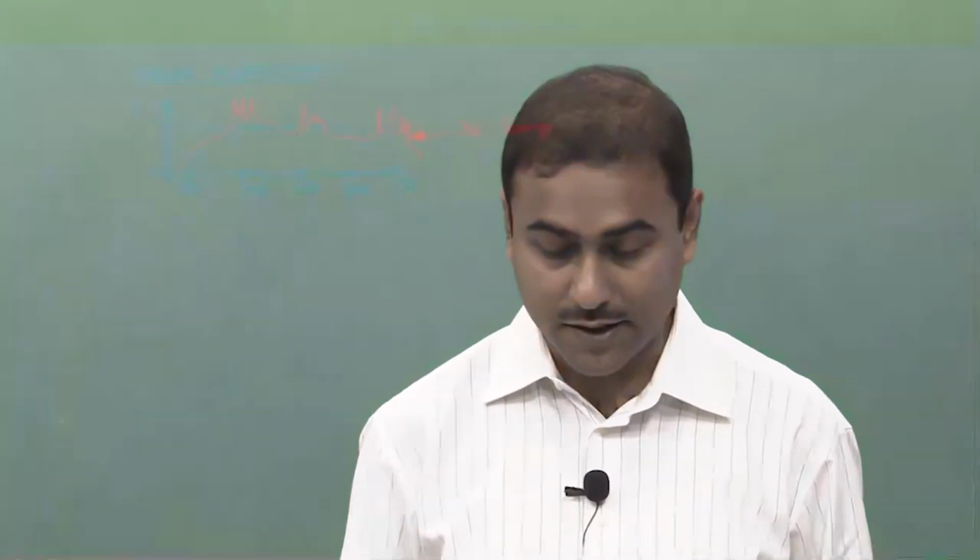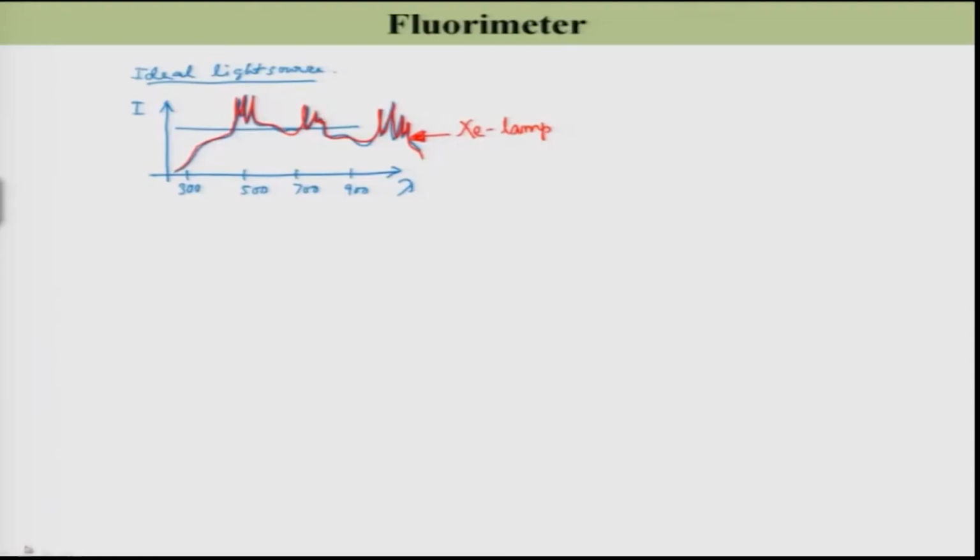First, let us see how we are going to get the corrected emission spectra. So, now my aim is to get the corrected emission spectrum. So, if you simply measure in one fluorimeter, that is not going to be the correct emission spectra.